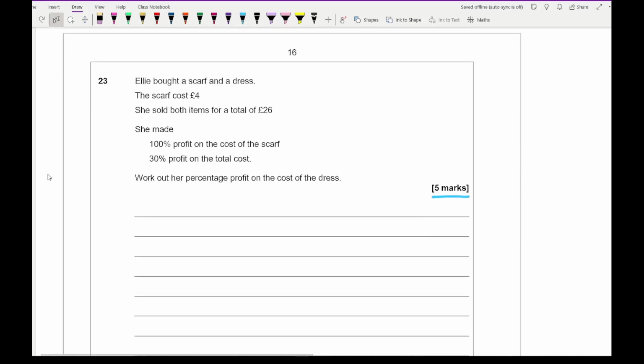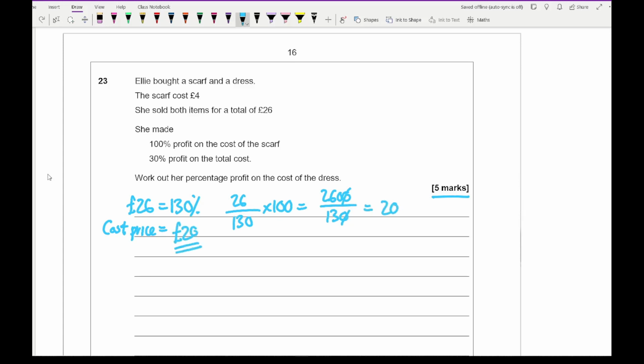So looking at this, then the first thing you want to do is recognise that £26 equals 130% of the cost. So what we want to do is work out the original, so the cost price is going to be 26 divided by 130 times 100, which is 2,600 divided by 130, and then if we work that out, we end up finding that the cost price is £20.